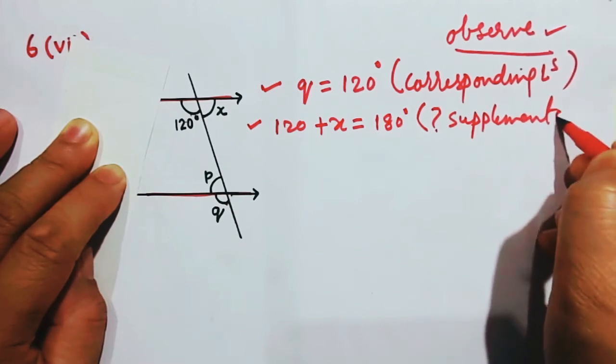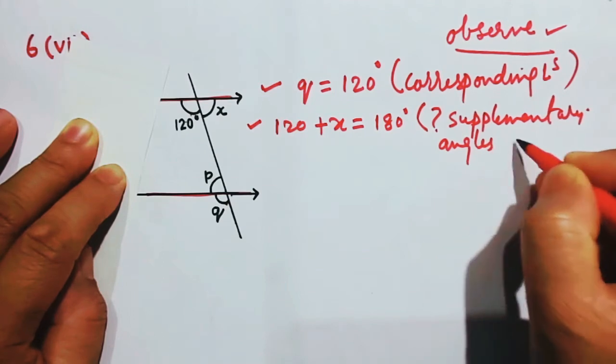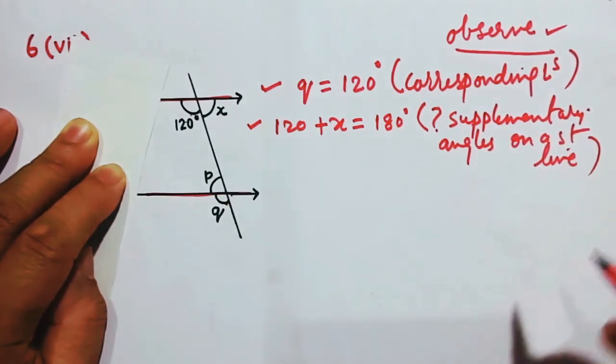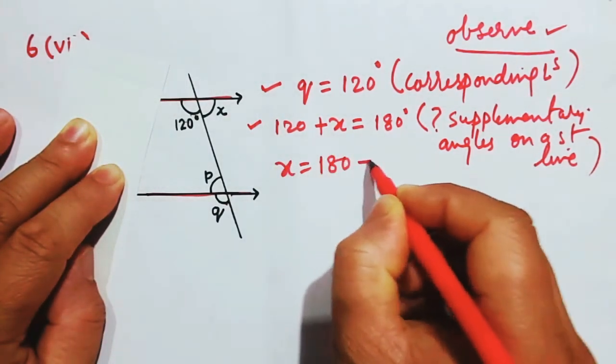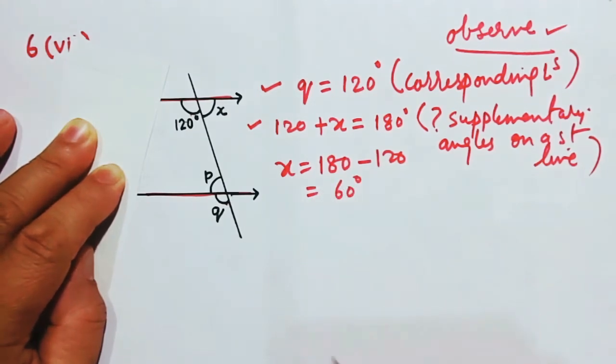Supplementary angle means angles on a straight line. That is why they are supplementary angles. Therefore, x will be equal to 180 minus 120 is equal to 60 degree.